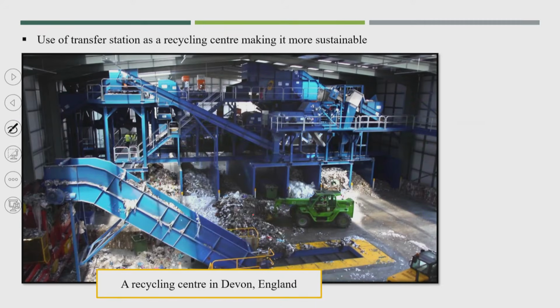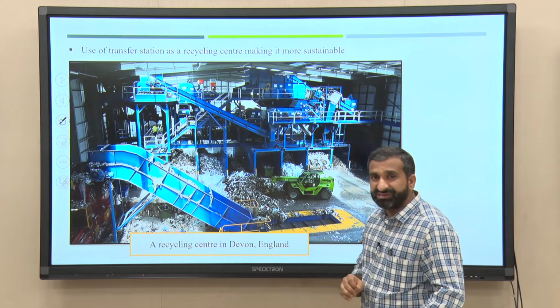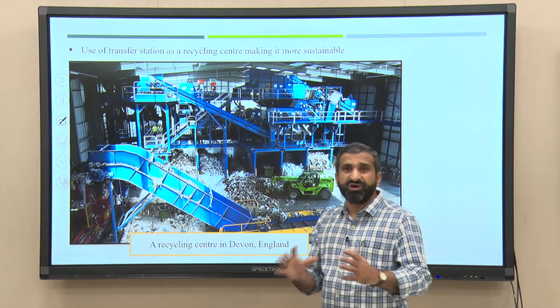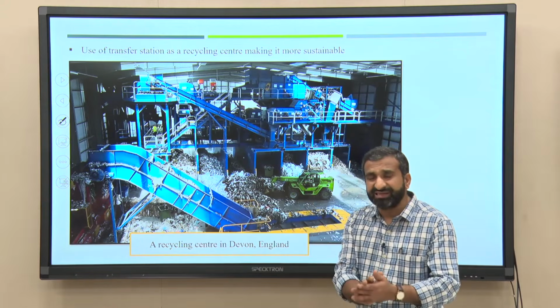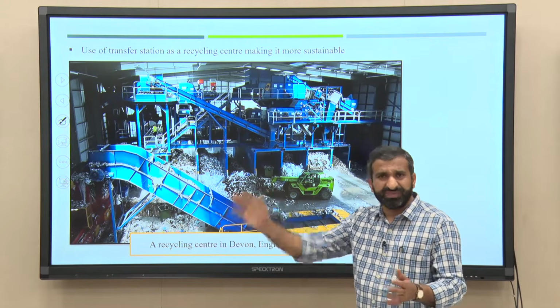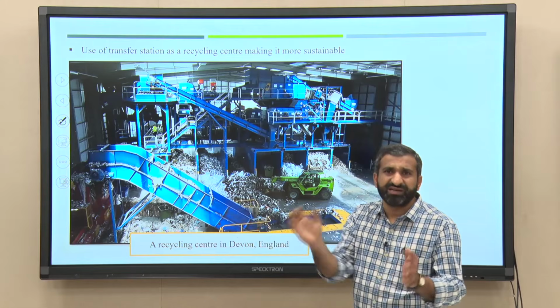It could be possible. Now, regarding the use of transfer stations, this is one more attraction of transfer stations. These transfer stations can be used as recycling centers, which could be more sustainable. Now, here I will discuss a few points. I think small transfer stations get a small quantity of nearby areas' wet waste and dry waste.